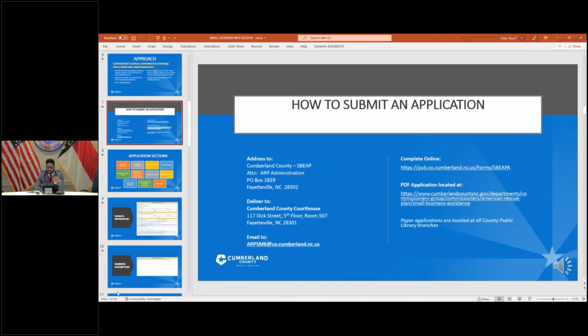After being awarded, do you need to provide information later on how all the funds were used? Right. So, there are reporting requirements, and that could take different forms.